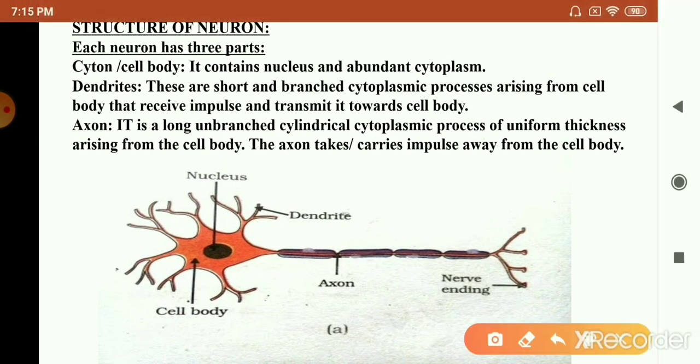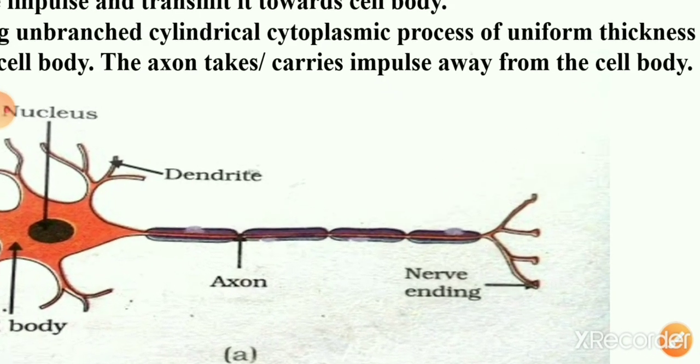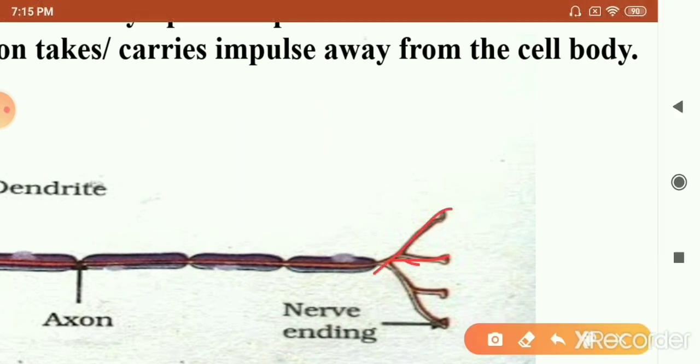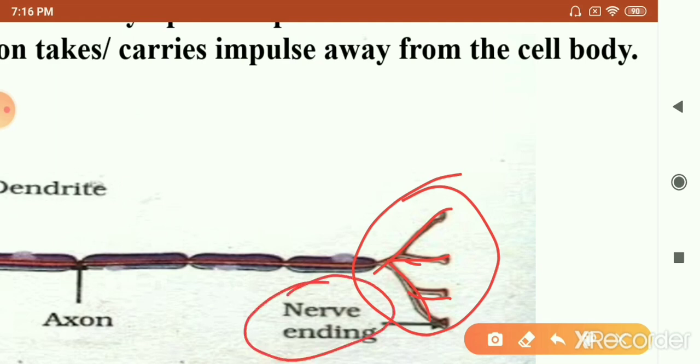The impulse is generated at the dendrite tip, and then taken to the cell body by the dendrites. Then from the cell body the message is passed to the far end by means of the axon, and at the end the axon is branched, terminating in a branched way. This branched terminal of the axon is called a nerve ending.